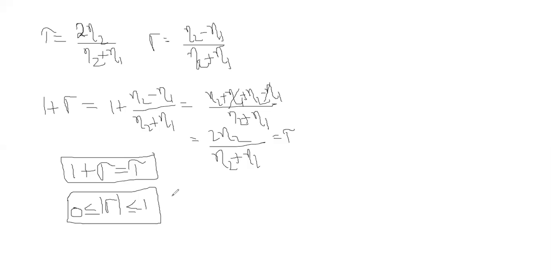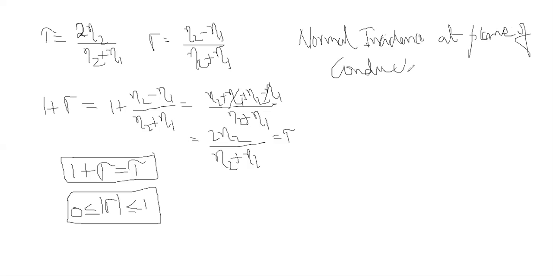Next we go for normal incidence at a plane conducting boundary. Conducting means the right hand side is a conducting medium and the left hand side is a dielectric.